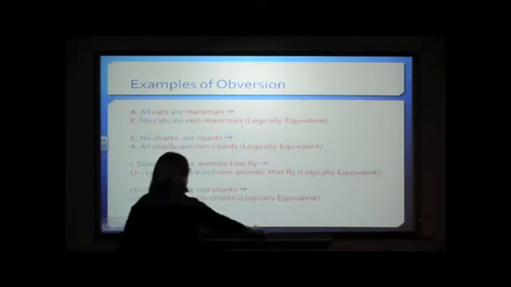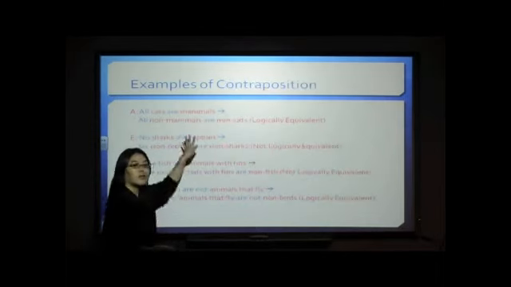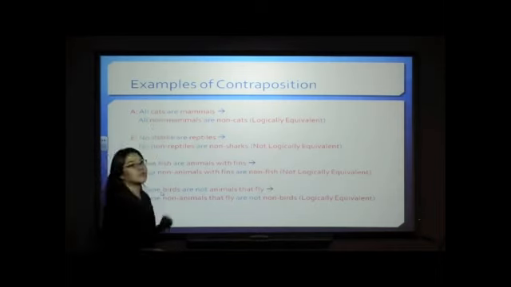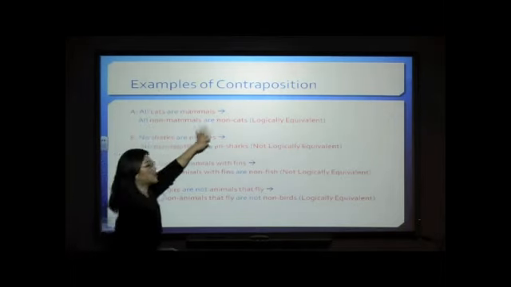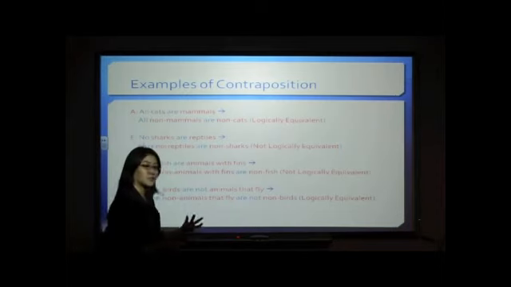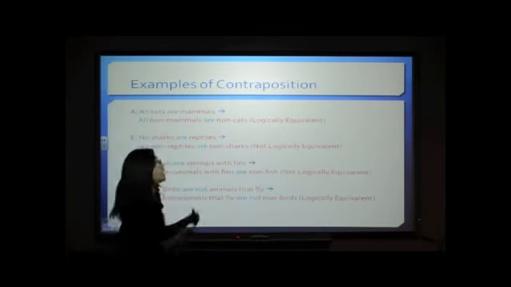Okay, finally let's take a look at examples of contraposition. So here are examples of contraposition. You have all cats are mammals, that's an A-type statement, and we use contraposition on that to end up with all non-mammals are non-cats. Now remember, for contraposition there are 2 moves as well, or 2 steps. The first step is to switch the subject and predicate term.